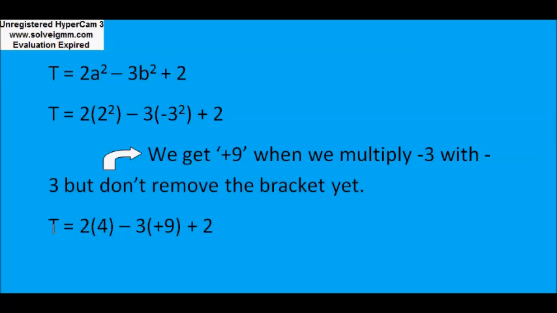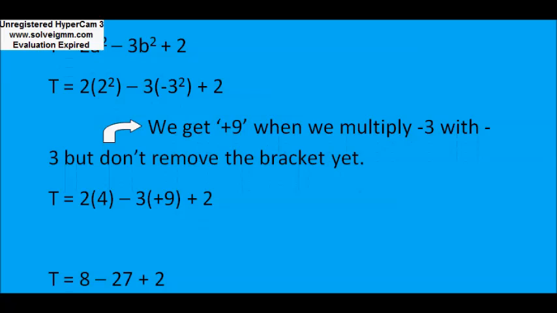Now, first of all, you have to solve these square numbers. So 2 square means 2 multiplied by 2, which is equal to 4. Now minus 3 square means minus 3 into minus 3, which is equal to plus 9 here, and plus 2 as it is.